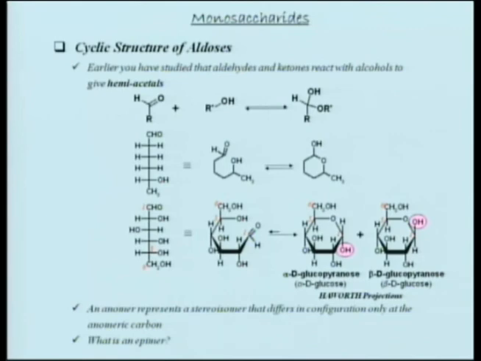Notice we are generating in essence a chiral center here, an additional chiral center. So therefore, you might have alpha-D-glucopyranose. What is this? This is a 6-membered ring. In organic chemistry, a 6-membered ring containing a nuclear oxygen, which is this one, is called a pyran.